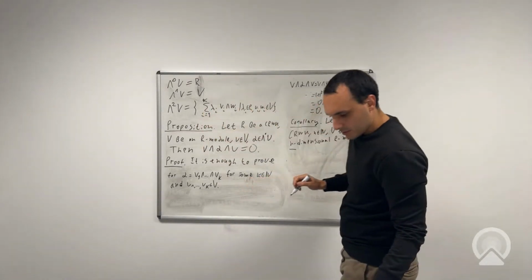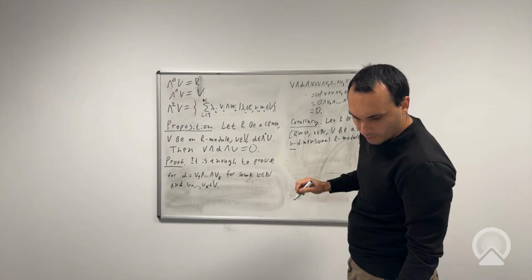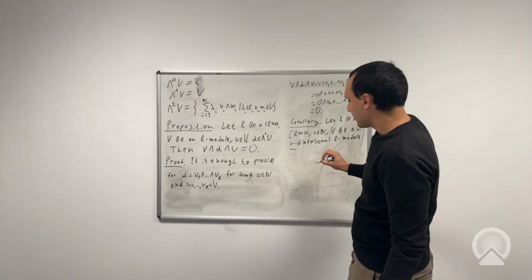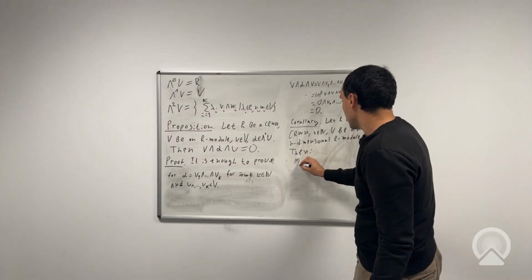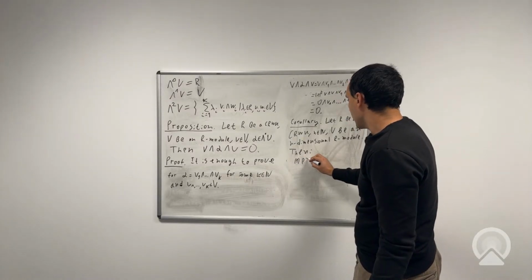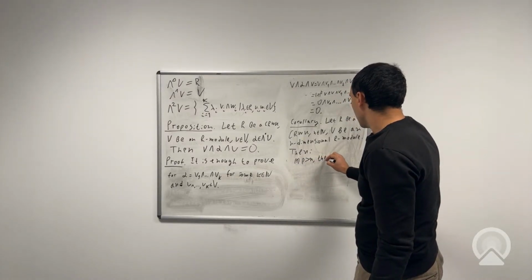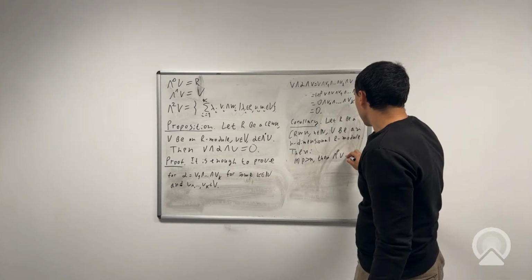Then we have two things. First, if p is bigger than n, then lambda to the p power of V is 0.